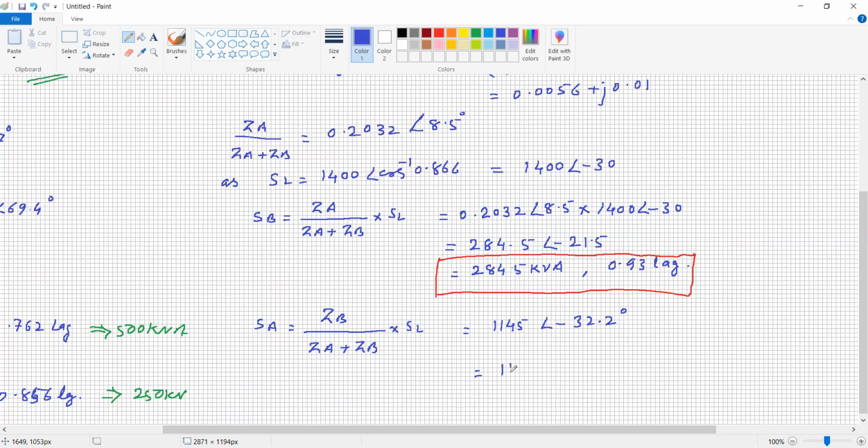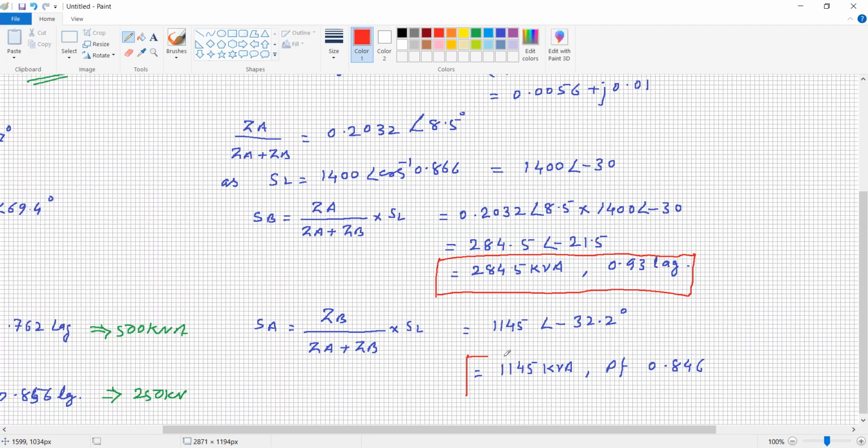It means that the transformer whose capacity is 1000 kVA is supplying more than its capacity, and the transformer whose capacity is low is underloaded. The power factor is 0.846. What would be the reason?